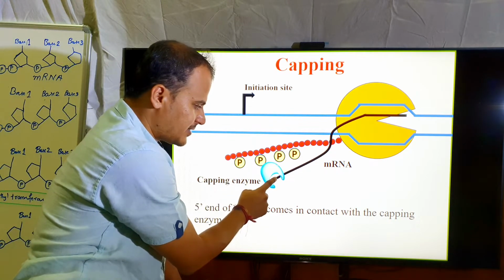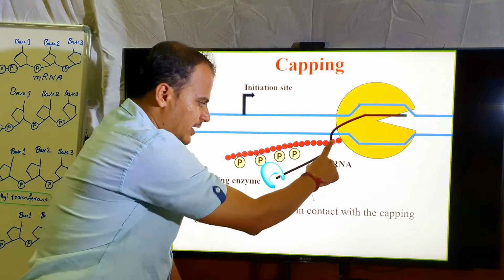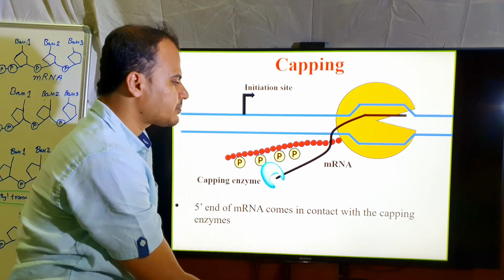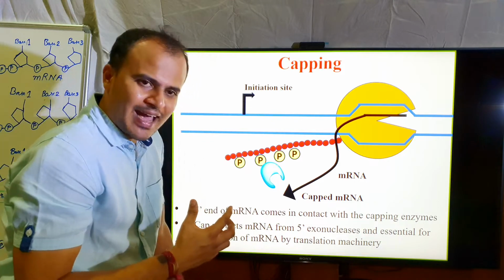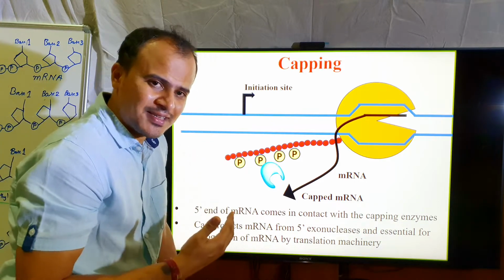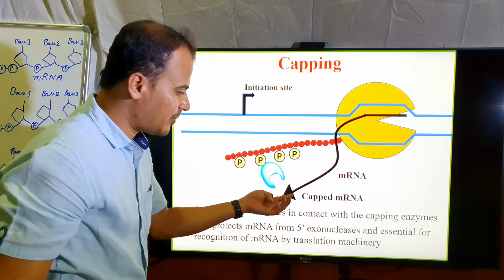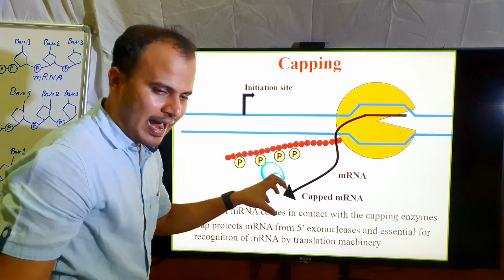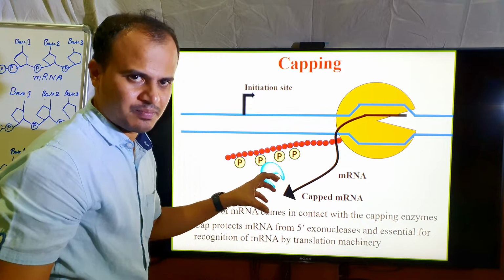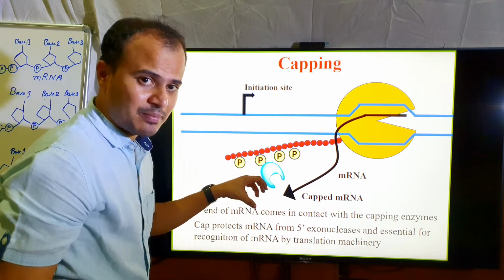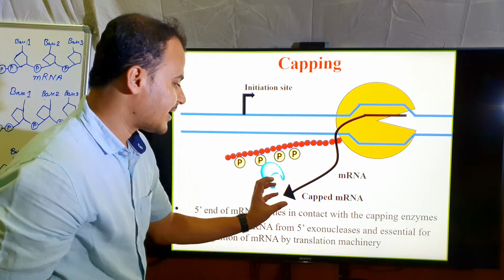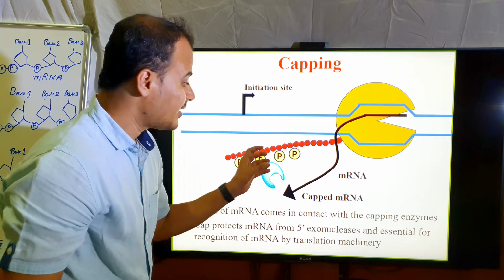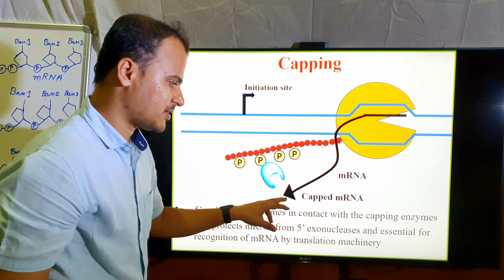You can see that there is an interaction between the mRNA and the capping enzyme. Once the capping enzyme faces this 5' end of the mRNA, it immediately adds a cap.